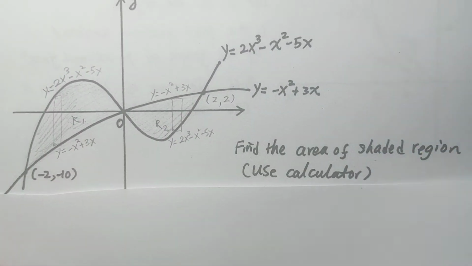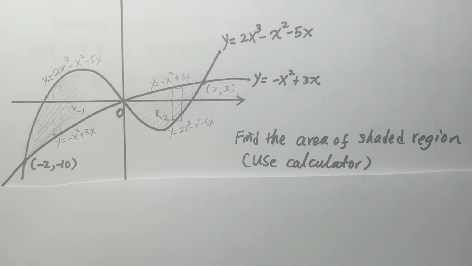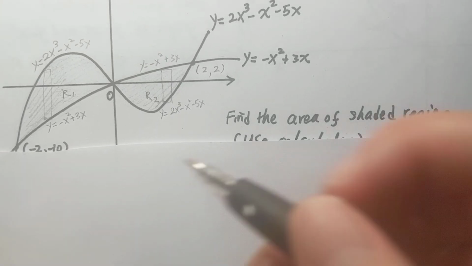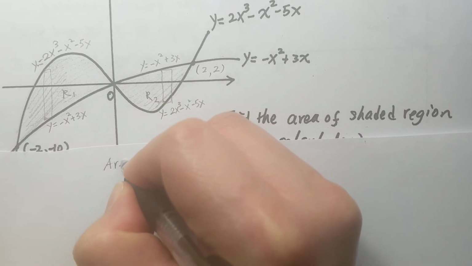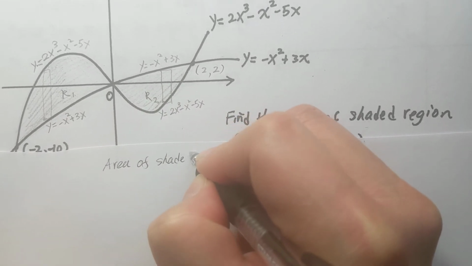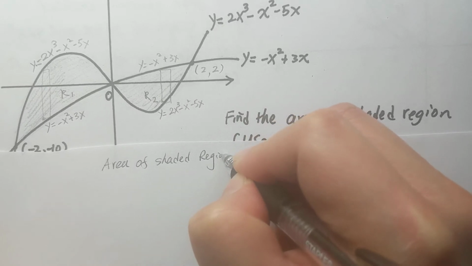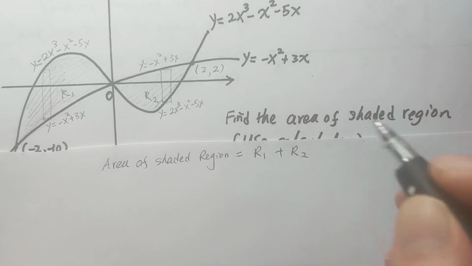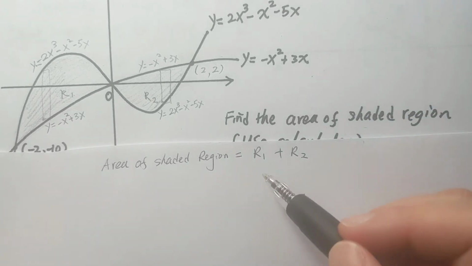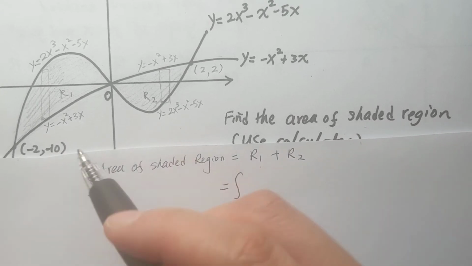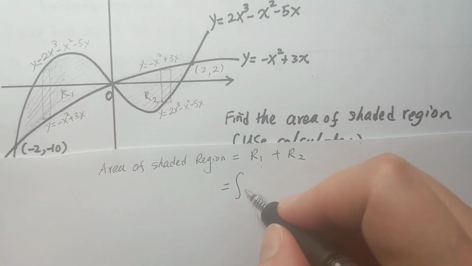Now, we are going to use two integrals. The area of the shaded region equals R1 plus R2. For R1, we are going to use the integral from negative 2 to 0.